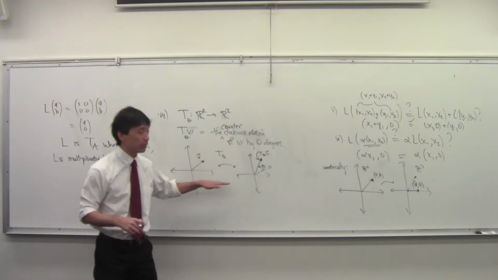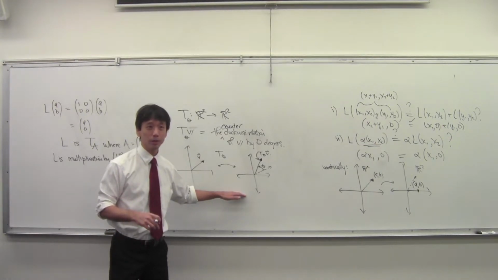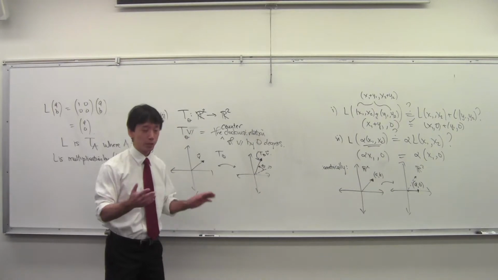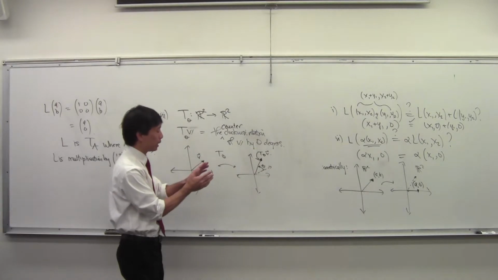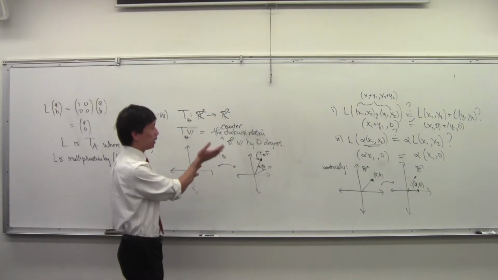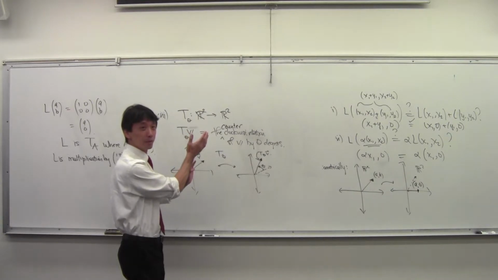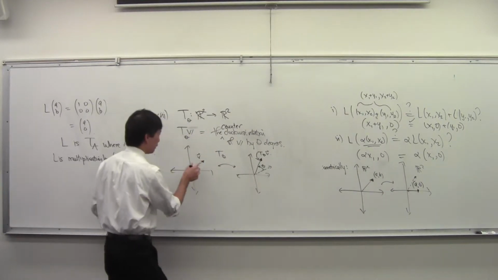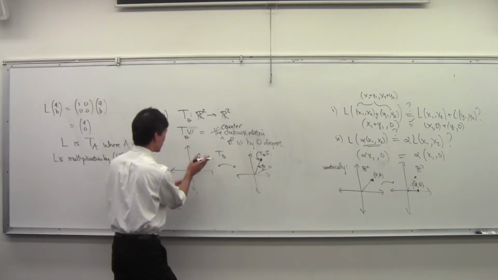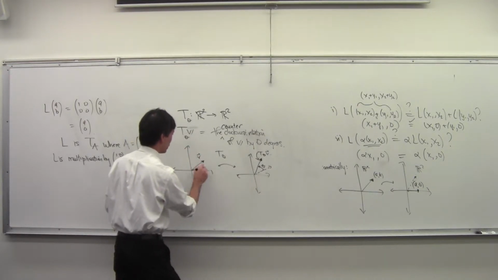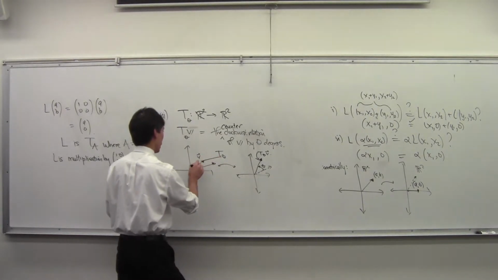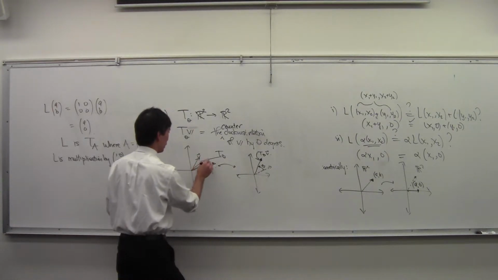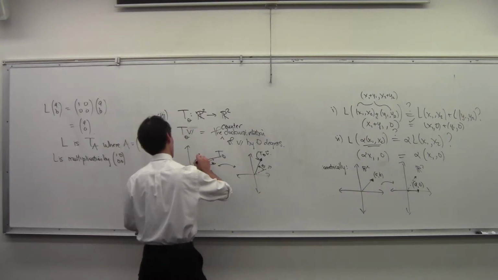Okay, so let's think, is this a linear transformation? If I take two vectors and I rotate them and add them together, do I get the same thing as if I add them together and then rotate them? I have these two vectors. I rotate this one, rotate the other, and add them together. Or I add them first and then rotate.